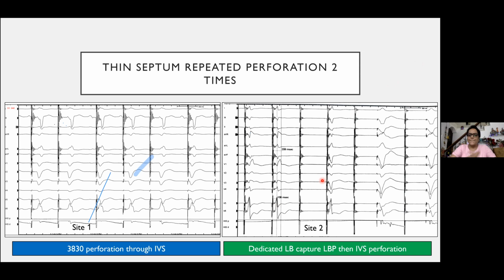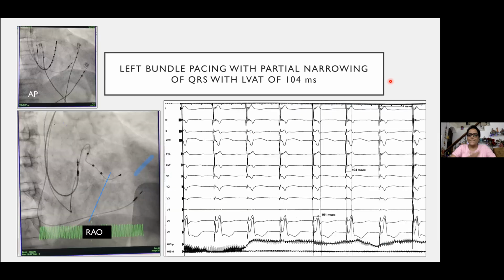So it is not a perf. In these cases, when we do the echo, we don't see anything because it's a millimeter hole that is made and it gets sealed off immediately. So it's just the tip jutting out and causing a low impedance and loss of capture.